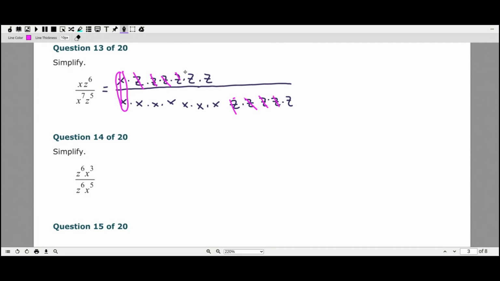Boom, boom, boom, boom, boom. So we're left with 1 z on the numerator, and 1, 2, 3, 4, 5, 6, 7, 6 x at the bottom. So x to the 6th power. That's it. That is the answer for problem 13.